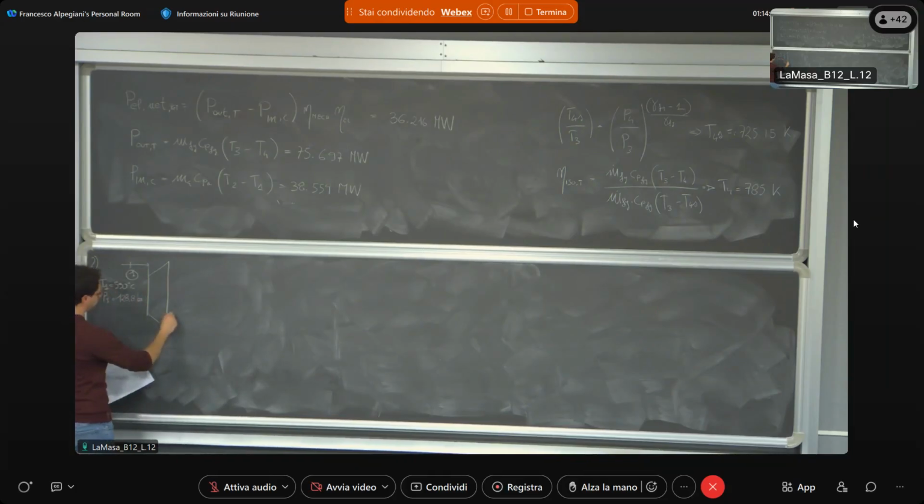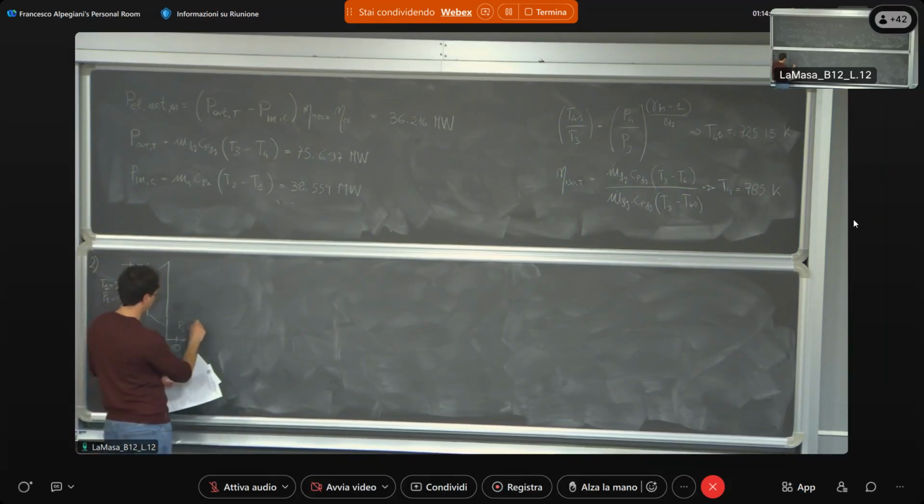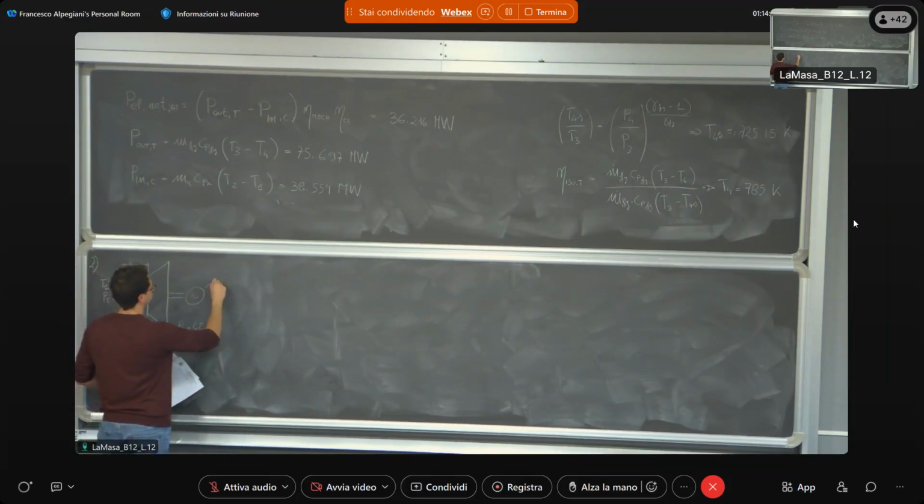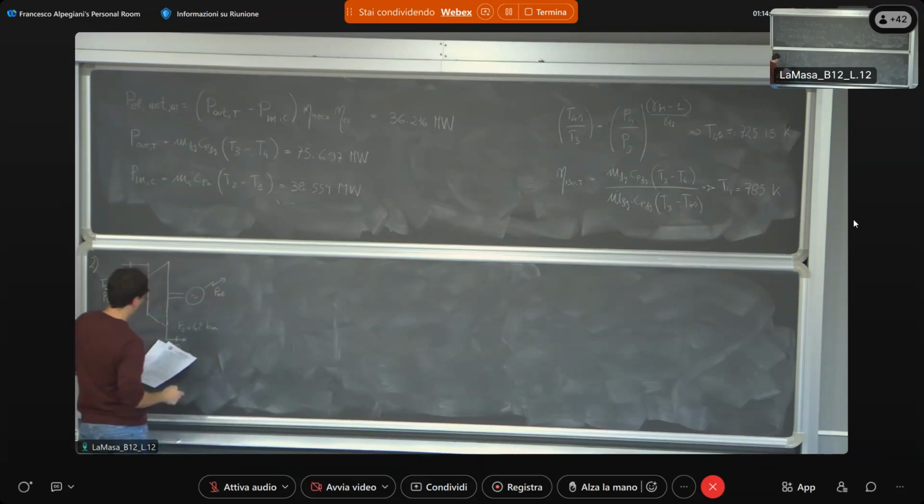After the expansion in the steam turbine, we will have stream number 2 with P2 equal to 42 bar. Here we will have a certain power output. And the isentropic efficiency of the turbine is given.